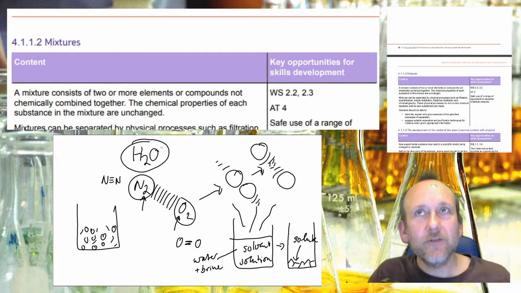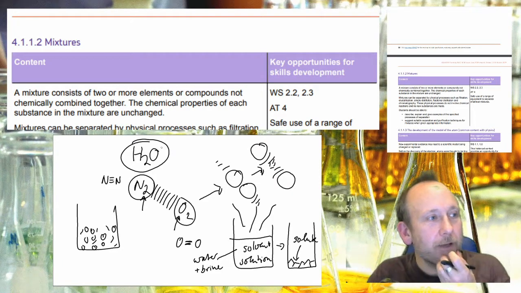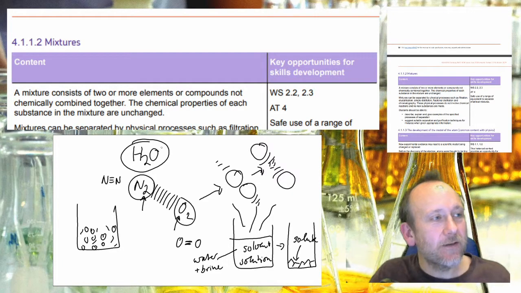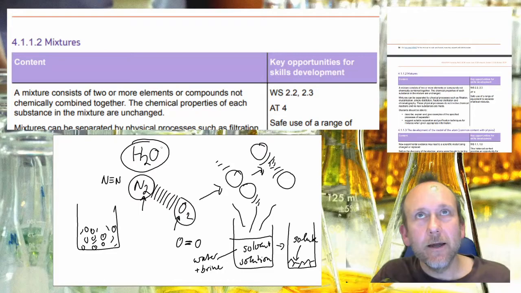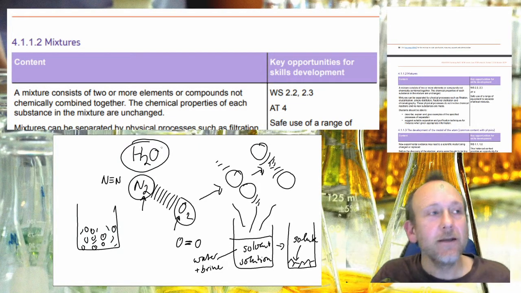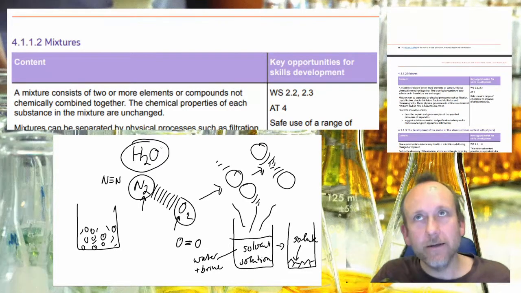Now, strictly speaking, that's not true, but what we mean for our purposes is things like filtration, crystallization, simple distillation, fractional distillation, and chromatography. Electrolysis and heating until molecules break up, creating a plasma potentially, is not what we mean by physical processes in our case.